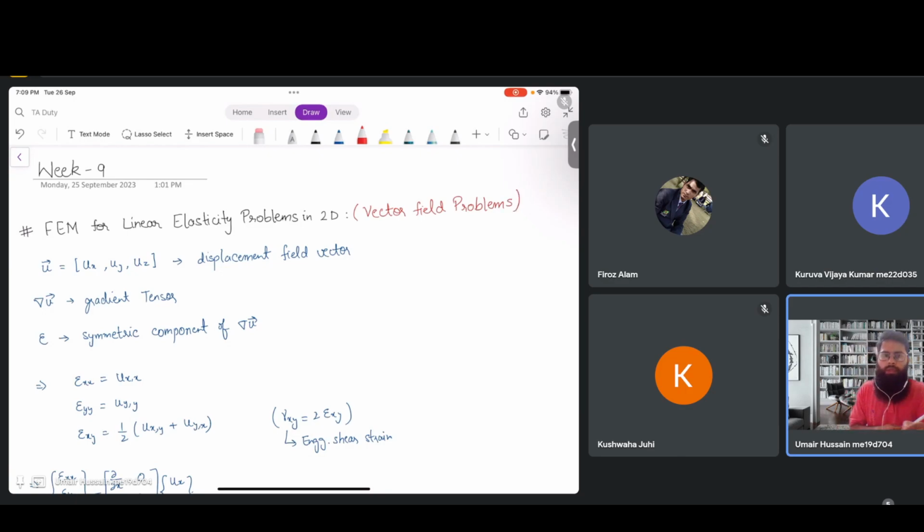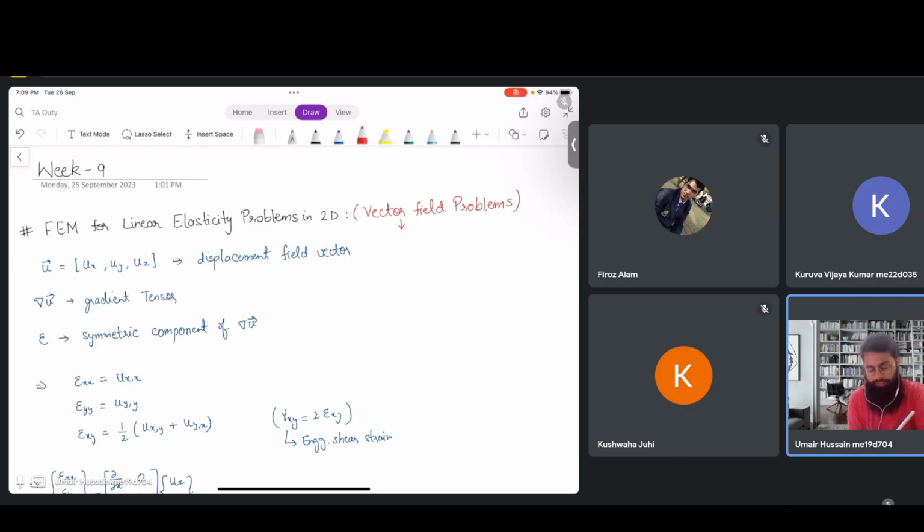Anyone? The primary variable that we are solving will be a vector.